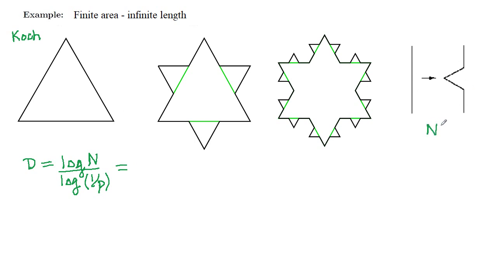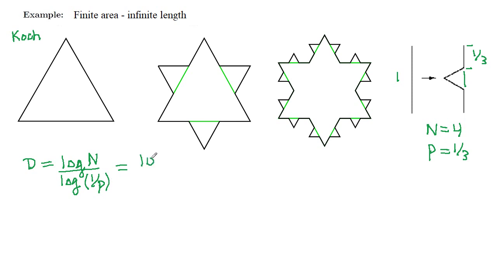So N is equal to 4. And then if this beginning side length is 1, then this will be 1/3 right here, and then another 1/3 and another 1/3. So your magnification factor, P, is 1/3.